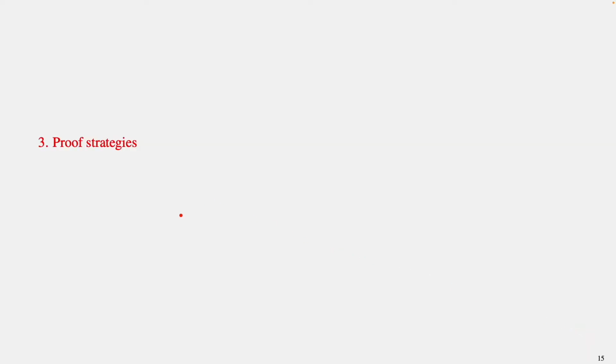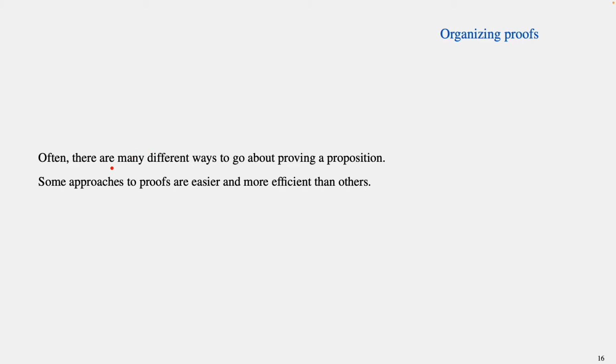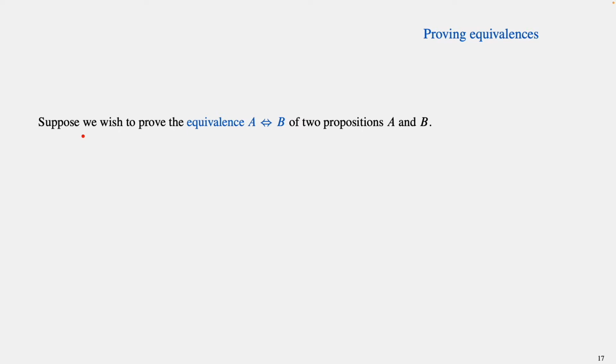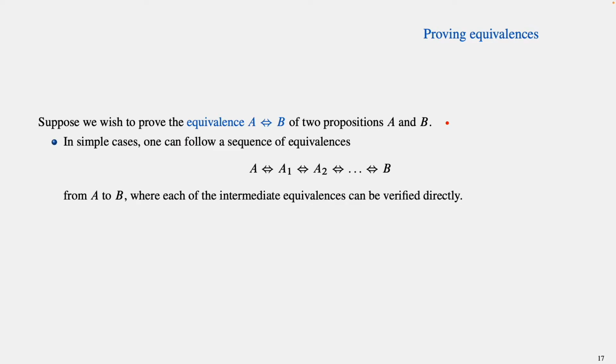Next up, we look at strategies for how to approach proofs. And often there are many different ways to go about proving a proposition, and some approaches are easier and more efficient than others. So suppose we wish to prove an equivalence of two propositions, A equivalent to B. There are basically two ways to go about this.